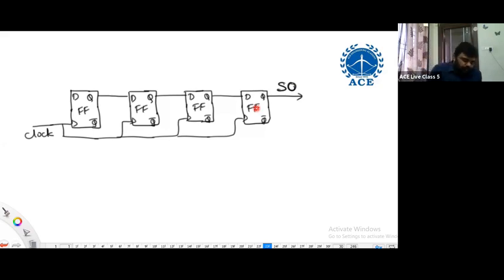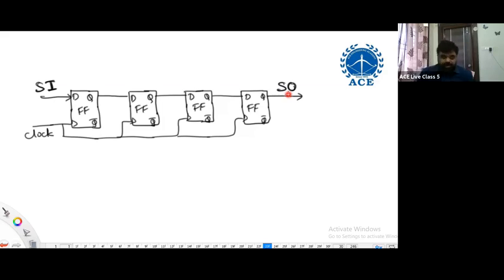And also, we feed information at the first flip-flop input only. I'm feeding information bit by bit serially at the first flip-flop input. That we name a serial input port. So what is it here? Serial input, serial output: feeding information bit by bit serially, reading information bit by bit serially.